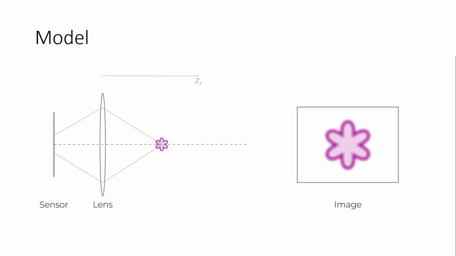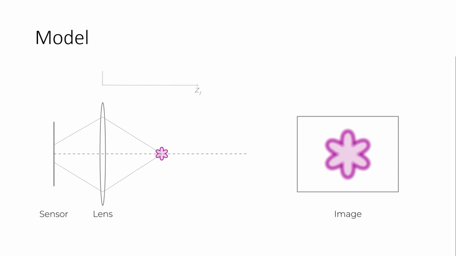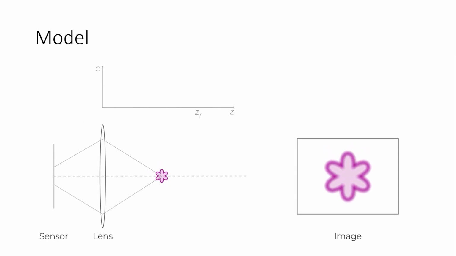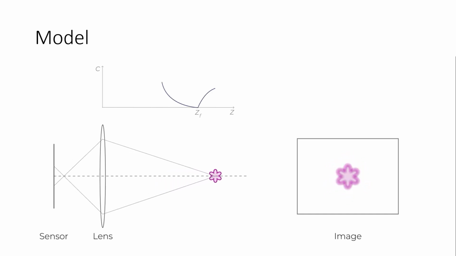The importance of this effect depends on some camera parameters chosen by the photographer, and in particular the size of the aperture. For a smaller aperture, or a higher f-number, the circle of confusion will be smaller and the image will appear sharper. If we were to draw the size of this circle of confusion as a function of the distance, we would get a curve that looks something like this, hitting 0 at the focus distance.